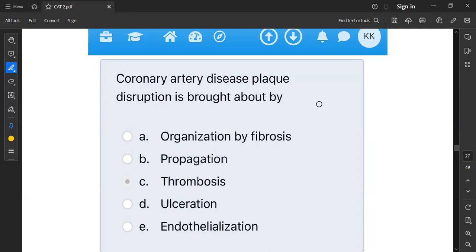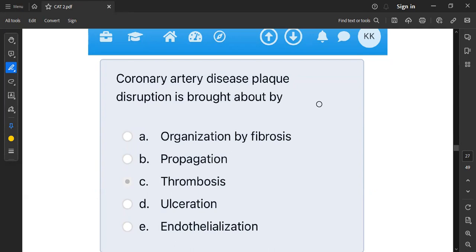Sometimes the inner part of the blood vessel, the endothelium, can rupture. Once it ruptures, what you'll have is a bleed. This bleed will clot, and it will form a thrombus. This thrombus will worsen the condition because even the narrow lumen has become even narrower because there's now a clot, right?